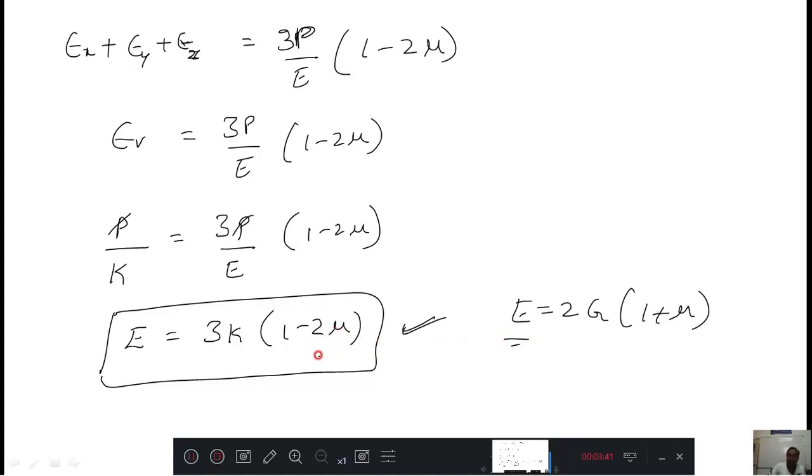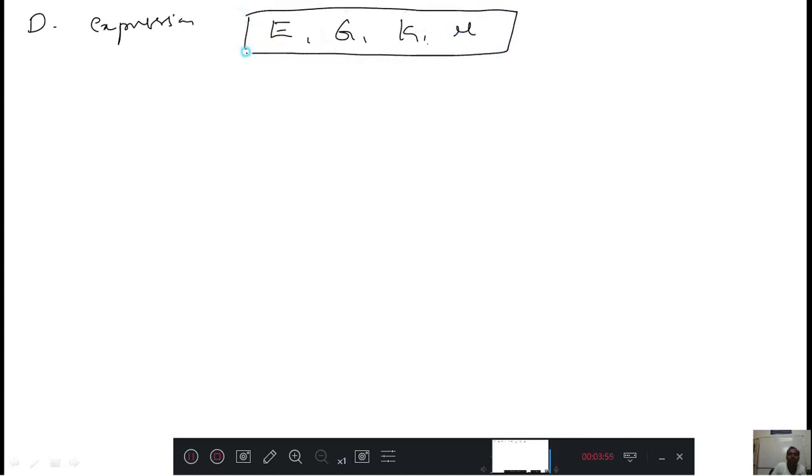And sometimes they may ask this derivation also, that is, derive an expression for E, G, K and mu. All four should be there in the equation. If they are asking this derivation, then you need to look at the marks.